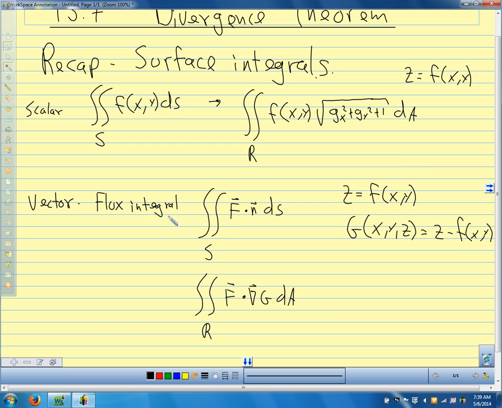And our flux integral represents the flux, the volume per unit time of a fluid flowing out of the surface. The flux upward through the surface is another way you'd be asked this question, or just this flux integral.